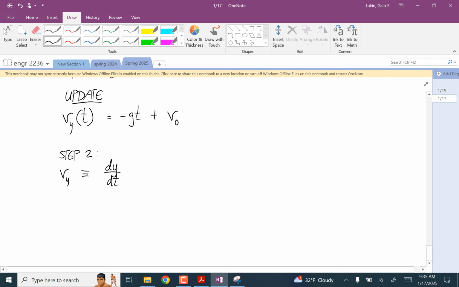So I'm going to take my updated differential equation here, and I'm going to replace vy with dy dt. And so we get dy dt is equal to negative gt plus v0.